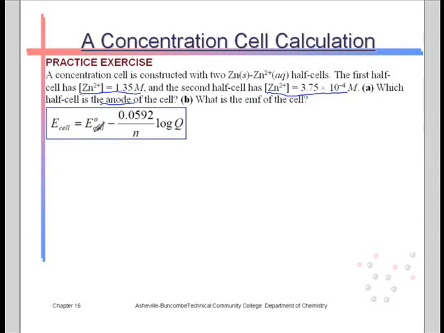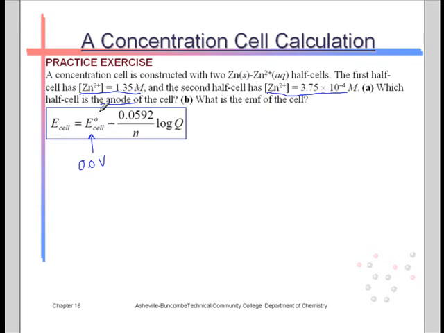Actually, before I go to that voltaic cell on the next slide, let me comment about the standard EMF, E naught cell. The standard EMF that they're wanting for this particular example is going to be 0 volts for any concentration cell like you see here.